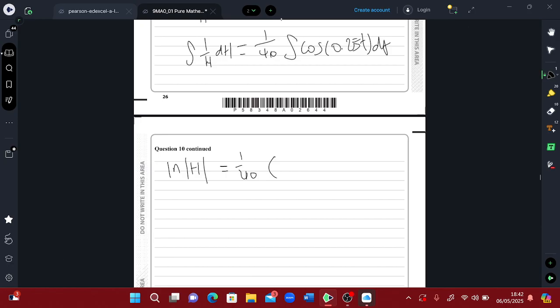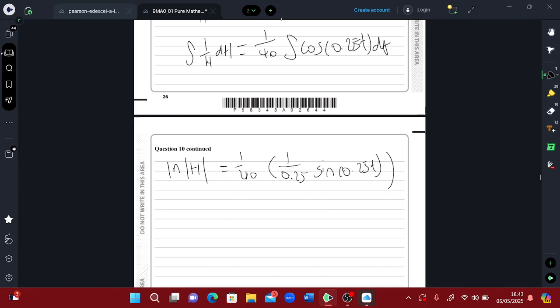So 1 over 0.25, and then it goes to sine, and obviously then you keep the argument the same. Okay, you can check that you're right by differentiating this again. It'd be 0.25 cos 0.25t times by 1 over 0.25. You get cos of that.